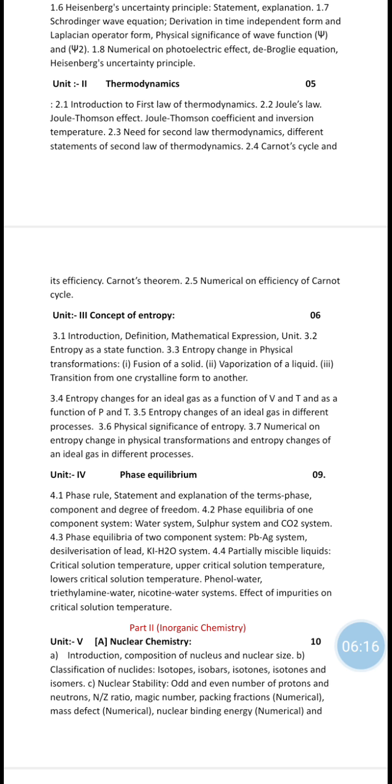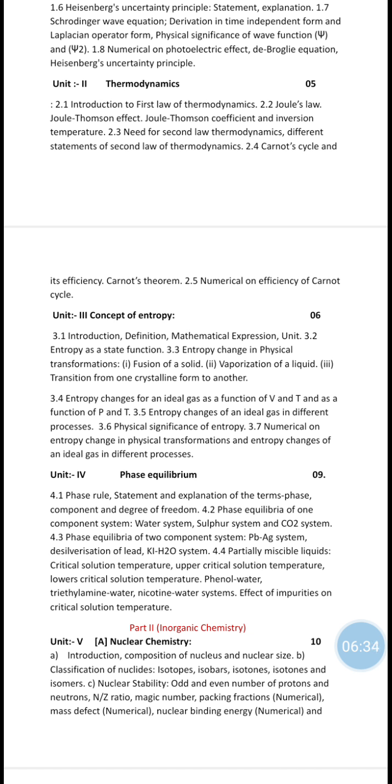After the completion of the second unit, we are going for the concept of entropy, which is also a part of thermodynamics. This is the third unit.